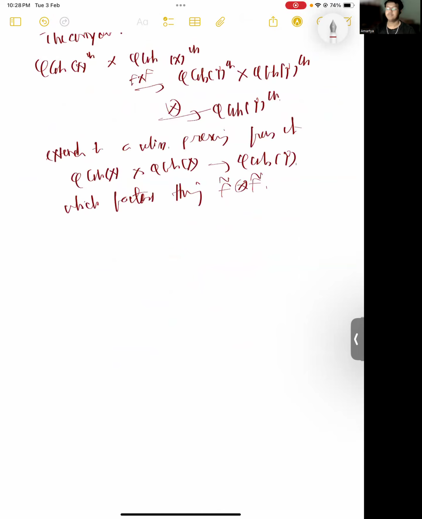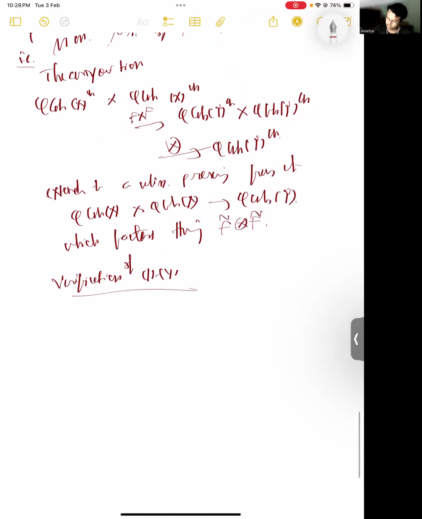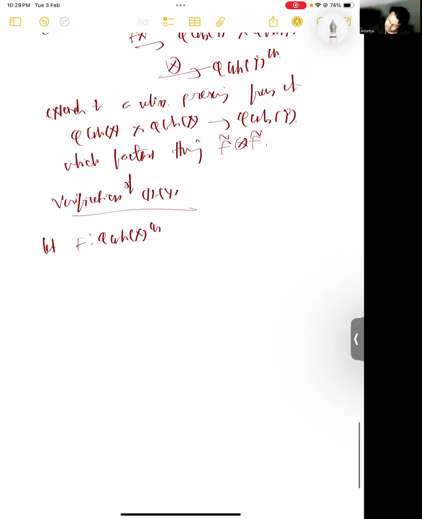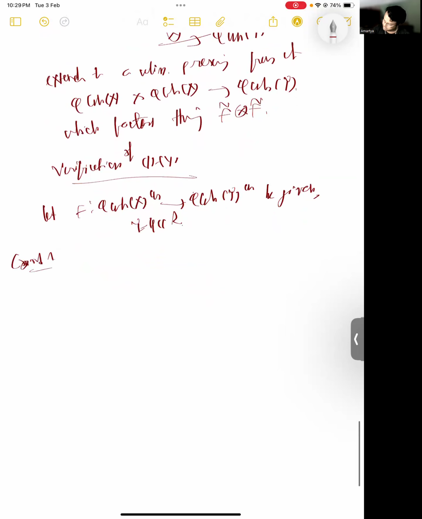Right. Okay, I will verify these conditions 1 to 4, the ones in Lurie's theorem. So let F from QCoh X connective to QCoh Y connective be given, Y is affine.